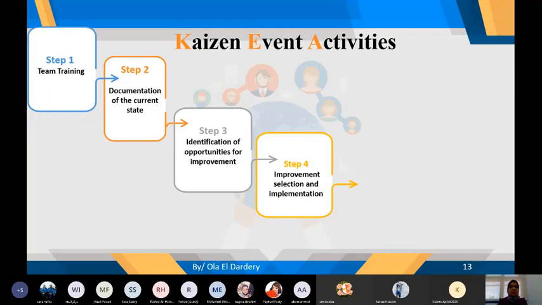The fourth step is selecting the perfect idea to be implemented. So you might want to improve the educational quality, let's say for online learning, and we have lots of options. So together we sit as a team and then we start selecting which one is the best option to be implemented. The fifth step is the result presentation.